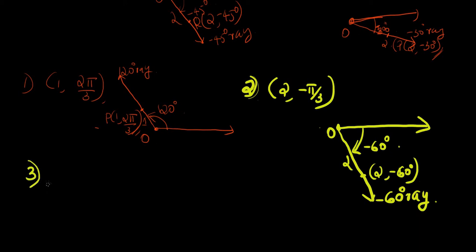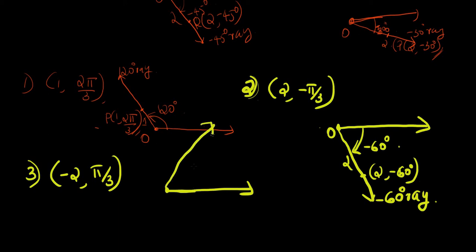Now the third problem, that is (-2, 2π/3). Suppose this is the polar axis. Here, the angle is 60 degrees. Suppose this is 60 degrees. And next, what we have to do? This is -2.